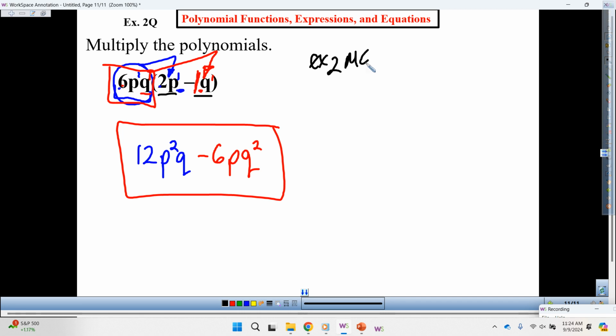All right. Example, copy this. Example 2 mega Q. Let's do 4xy parentheses 3x minus y. See what you get for that?